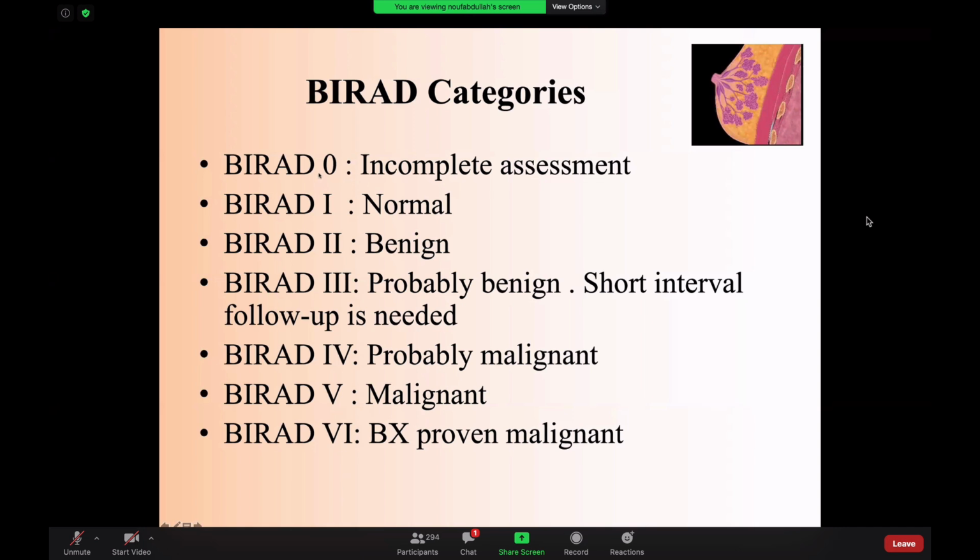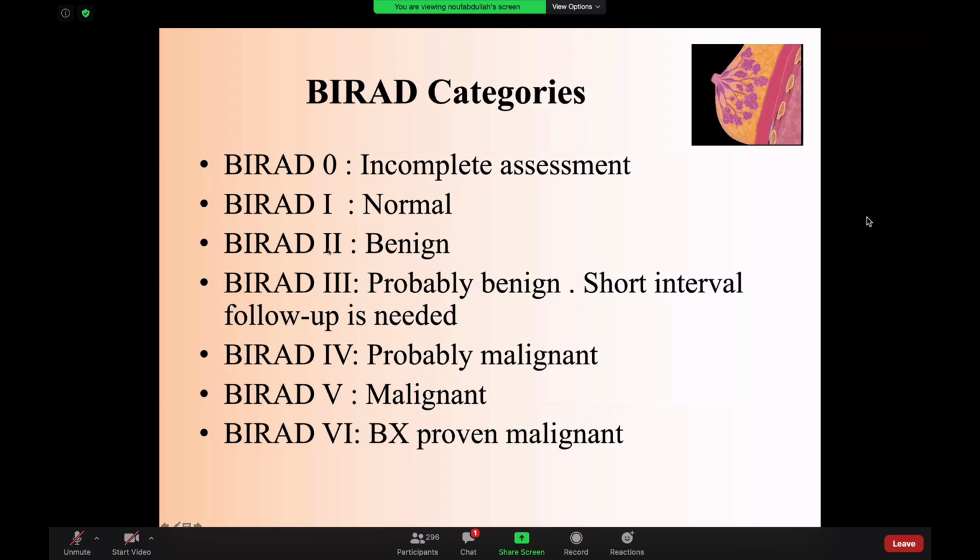And when I say BI-RADS 0, it means that looking at the mammogram, it is incomplete assessment and I need to do further imaging. And this further imaging could be compression view, it could be magnification view, or ultrasound or MRI. So you need to do something else to further characterize the breast that you're looking at.